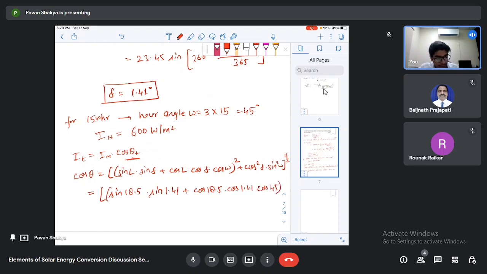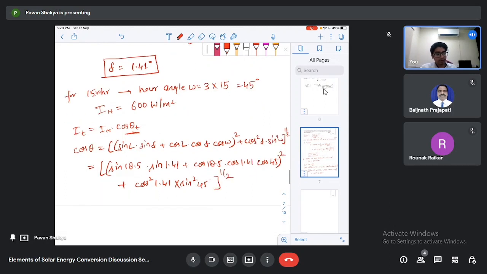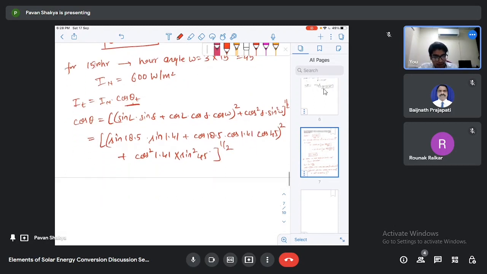So this one will be the whole square, plus cos square of 1.41 degree multiplied by sin square of 45 degree, and this one will be to the power half. I am just writing the values directly as I have calculated all the values earlier.